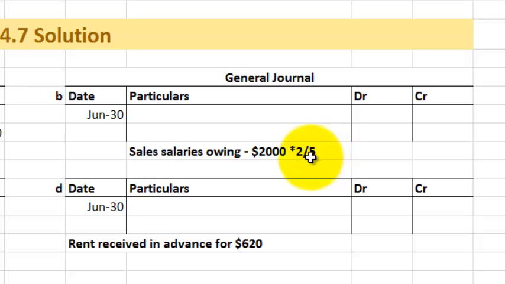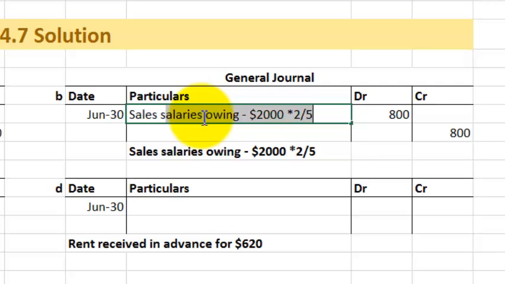So that's why down here in my calculation I've got $2,000 paid every week, but that's only 2 out of the 5 days which you're owing. So if you do your maths on that one, it's $800 that is currently owed to our staff. So we put sales salaries there for $800.